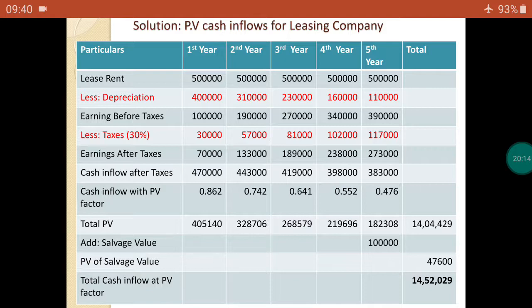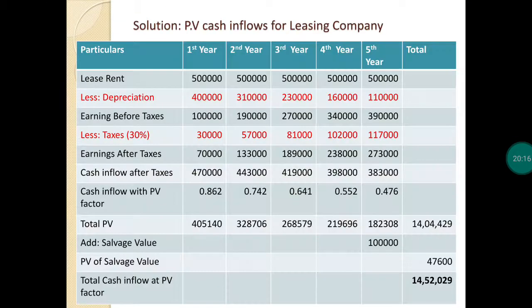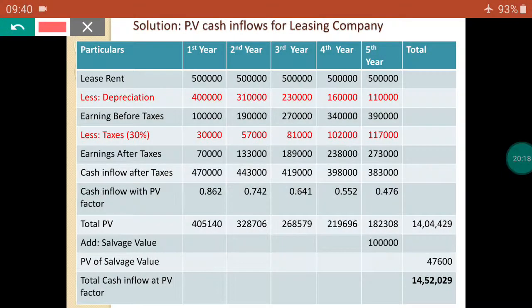Okay, EBT is 1 lakh, minus taxes of 30%, which is 30,000 rupees, and you get EAT, earnings after tax, of 70,000 rupees. Next, EBT of second year is 1,90,000 rupees.